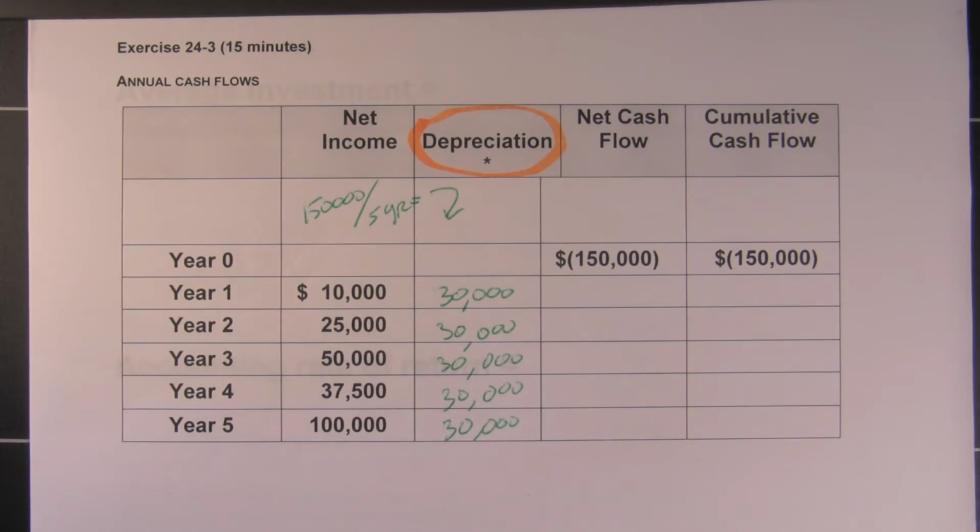We add that to the net income generated by the machine or the investment because it was deducted to determine the income from that investment, but really shouldn't have been.